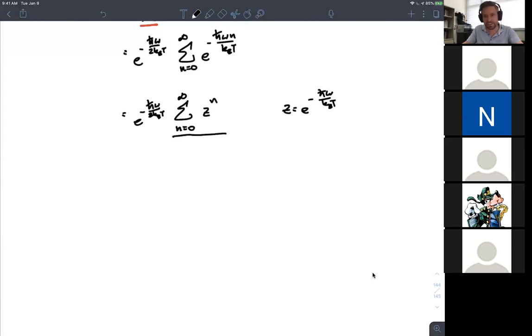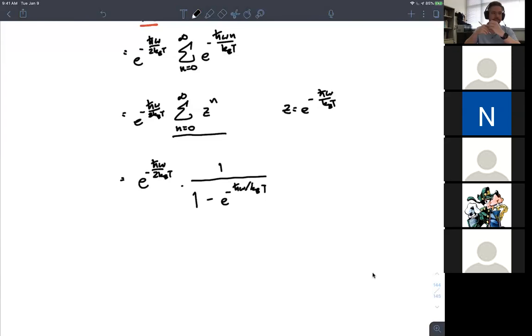This is exactly the same sum that we encountered when we calculated the partition function for bosons filling up a quantum mechanical system. So we know this is a geometric sum, and when we evaluate that geometric sum, we get the following. We get, again, the constant out front, and then our sum is equal to 1 over 1 minus e to the minus h bar omega over kT.